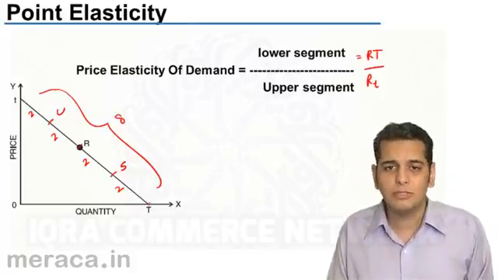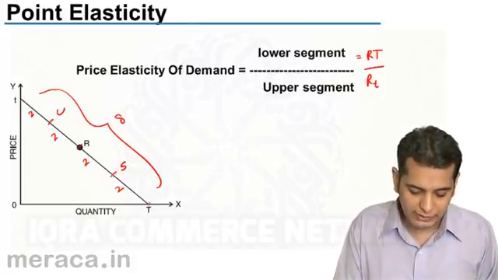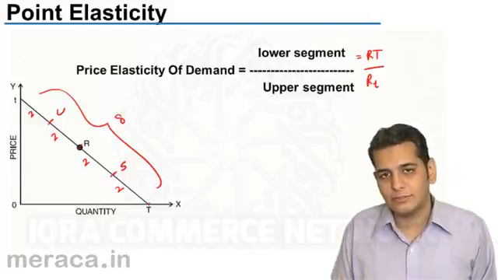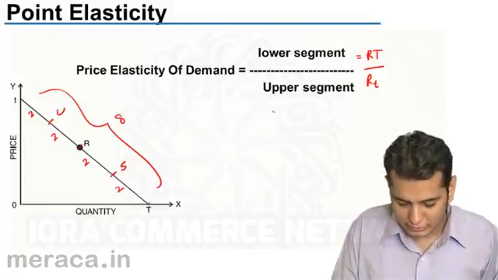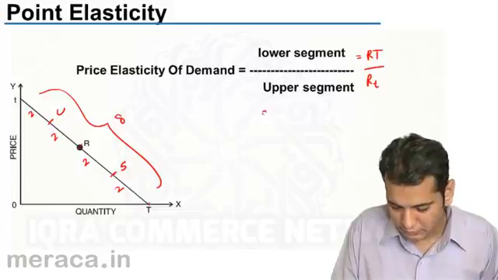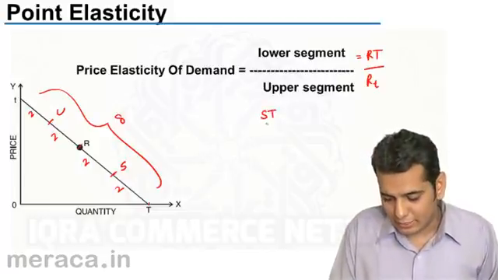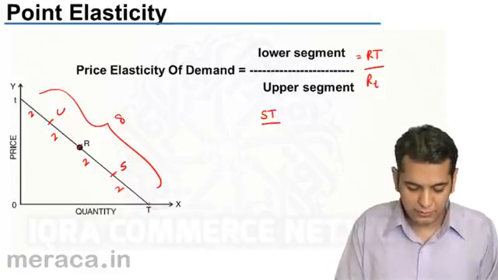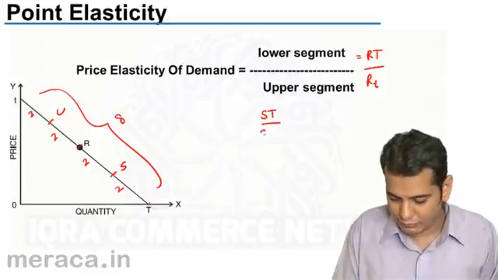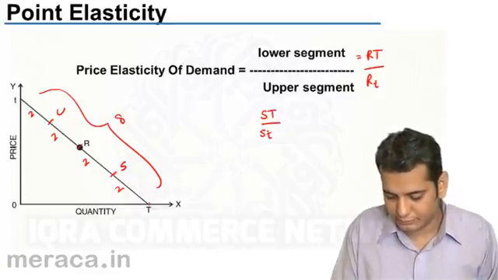Let's assume that you have to find the elasticity at point S. So at point S, the lower segment will be S with a capital T, and the upper segment will be S with a smaller t.